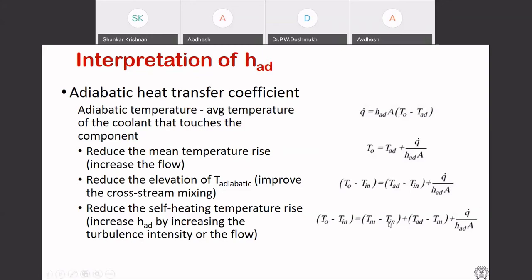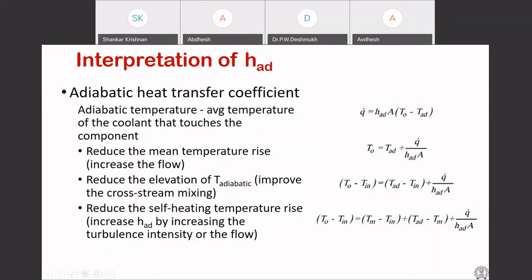If this difference, which is mean temperature minus inlet temperature, is higher, that means I have to mix the flow, because if I mix the flow very well, I will obtain the inlet temperature. I made a mistake here.